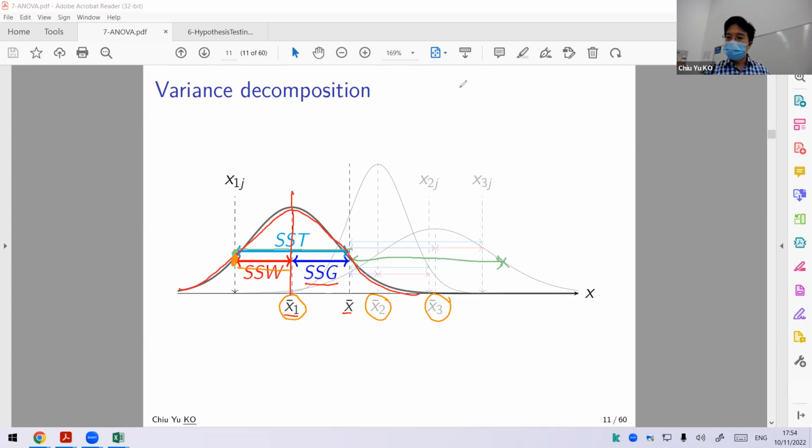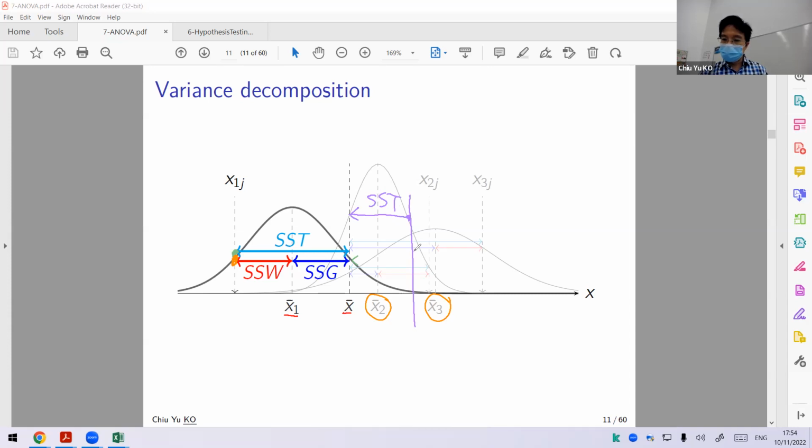So let me give you another point. Focus on group number 2. This observation here, this value here, to this line is called SST. Maybe I use the same color as before. This point, you calculate to here, is SST, and take a square.